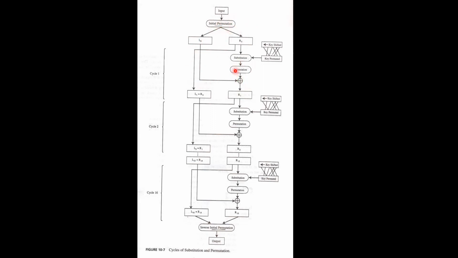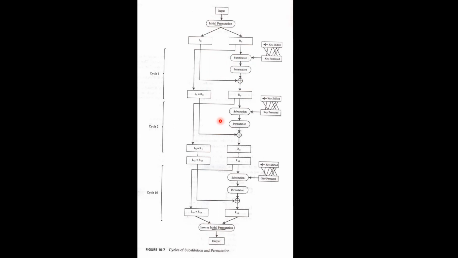The difference is the subkey that we use first is key 16. For encryption, we use the subkeys in the order K1 to K16. But for decryption, we use K16 first. We use the last subkey first. That is, for cycle number 1, we use the subkey K16. For cycle 2, we use the subkey K15.